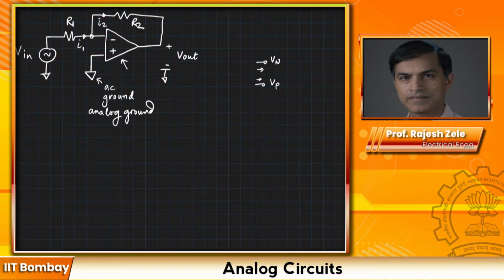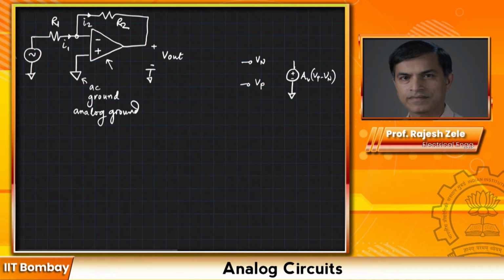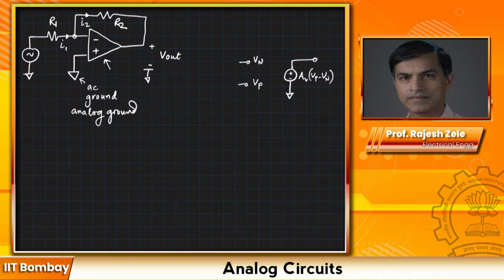The current going inside the amplifier is 0. The simplest model that we have created is the following, where we have plus minus Av times (Vp minus Vn). That is our small signal model. All right, and this is your Vout.